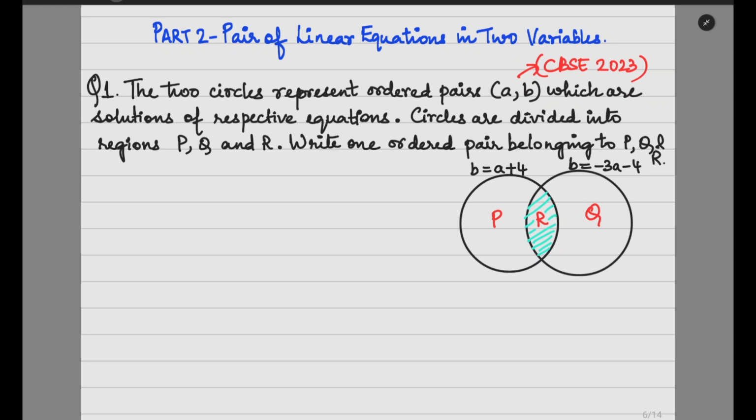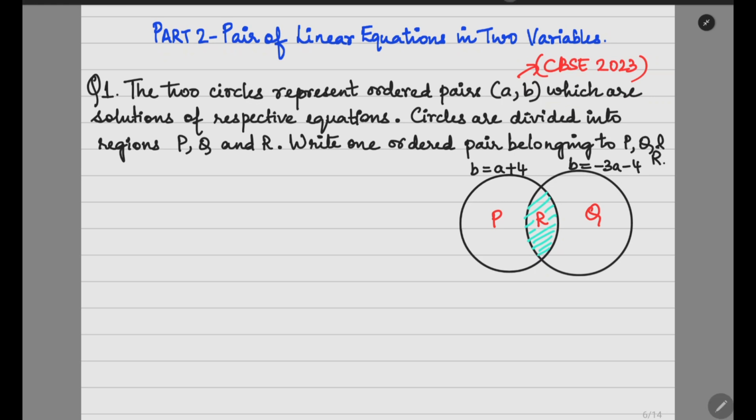And there are three situations, depending upon whether the pair of lines, two lines, intersect, or coincide, or are parallel. These are the three situations within which you have to work. So here, let's see a solution.